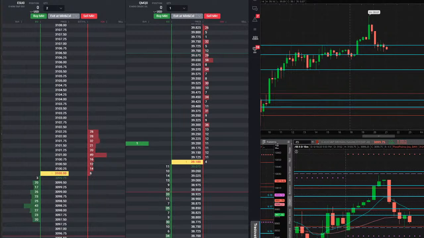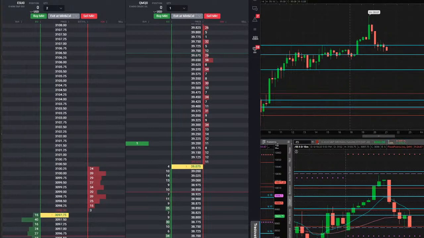So dropping down now. Let's see. It's really moving down.